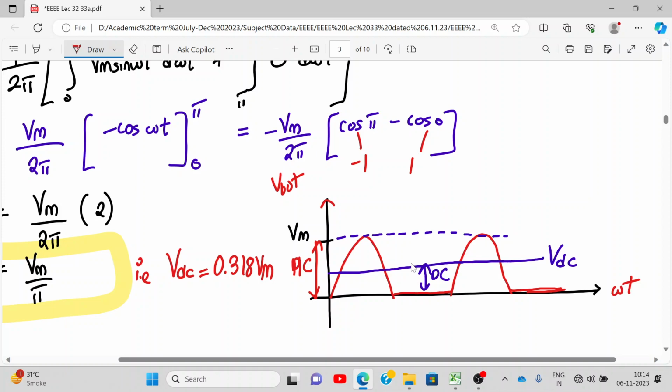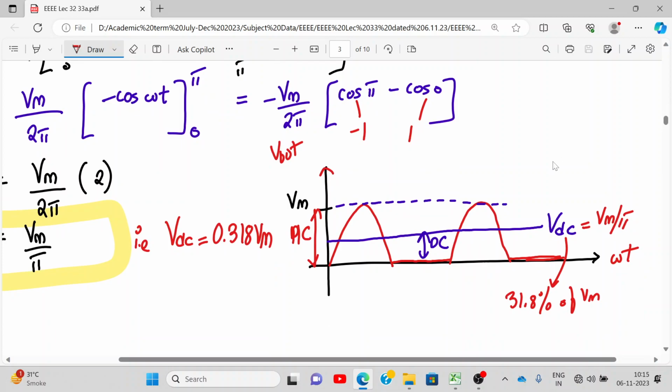So my DC value, or the average value of this waveform, is Vm by pi times. VDC is 31.8% of Vm. So my average value of the waveform is 31.8% of Vm, the peak value. Got this?